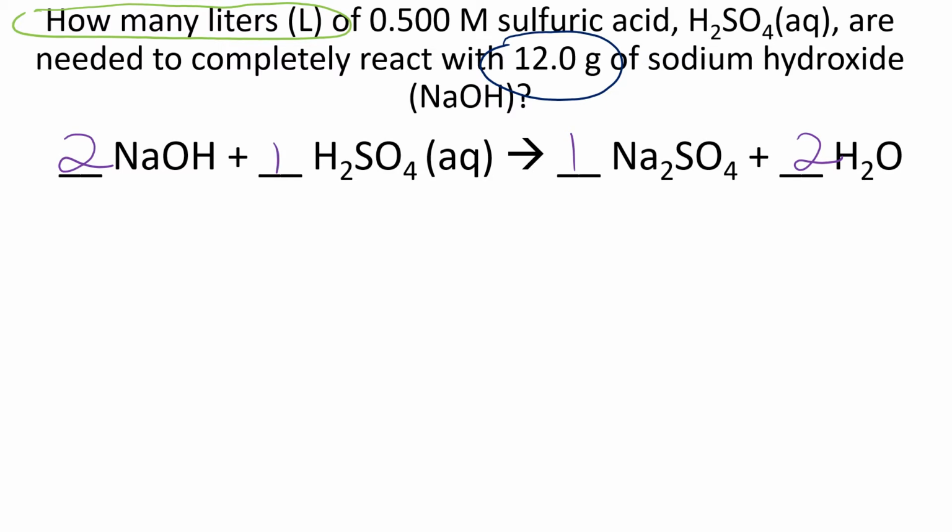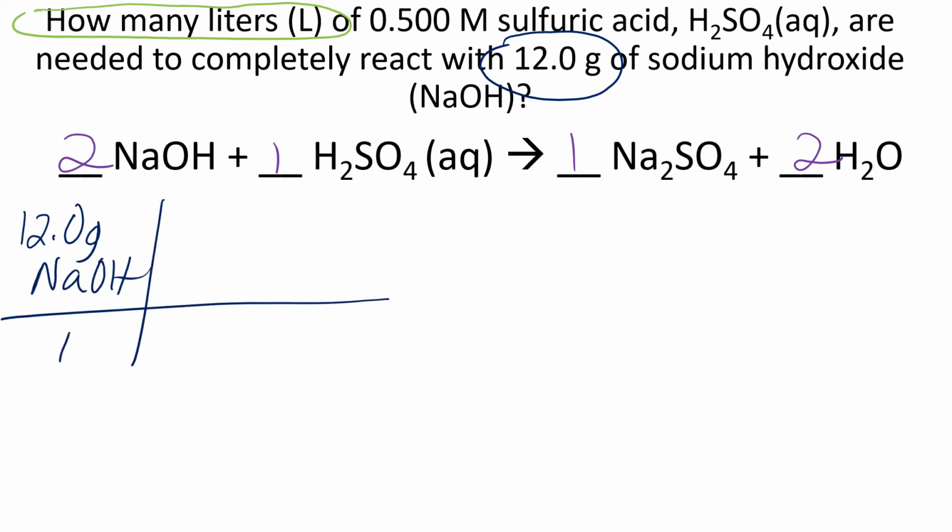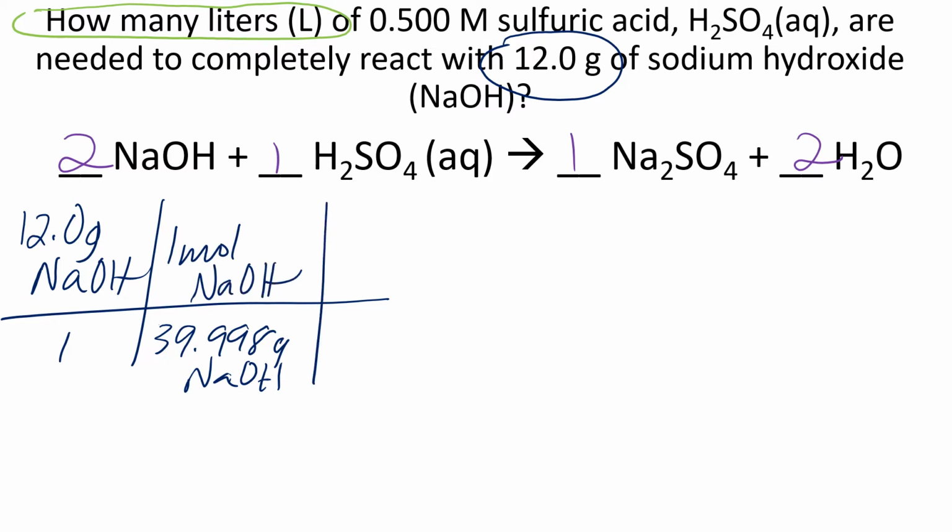Alrighty. So let's start off. So 12 grams of NaOH. So this is molar mass on my second fraction, my conversion factor. So it'll be 39.998 grams NaOH. And on the top, it's going to be the 1 mole of NaOH. So I need to switch out of this. So I got to do my mole to mole ratio. So I'm going to use, let's see, this right here.